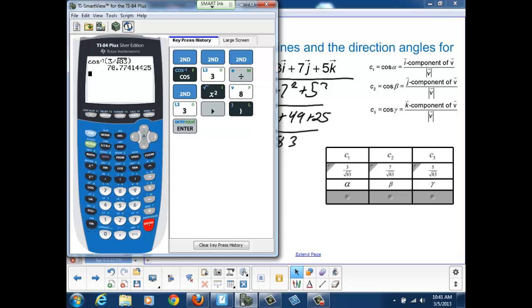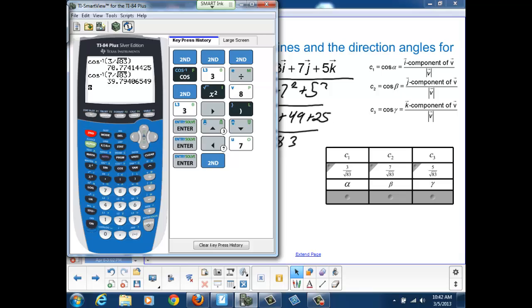Then we'll take the inverse cosine of the j component, 7 over root 83, and we get 39.794 degrees.